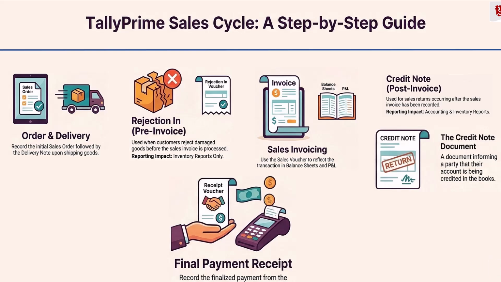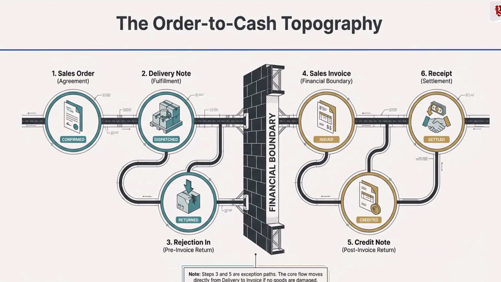More or less, the purchase cycle components that we saw are replicated in the sales cycle or order to cash cycle, which you are seeing here. The vouchers demarcate the impact on the inventory and accounts books. Here again, the credit note is an integrated voucher impacting both the books. Sale order, delivery note, and rejection in are pure inventory vouchers.